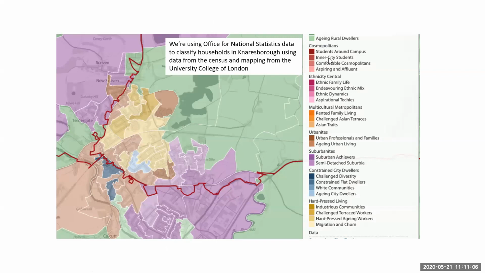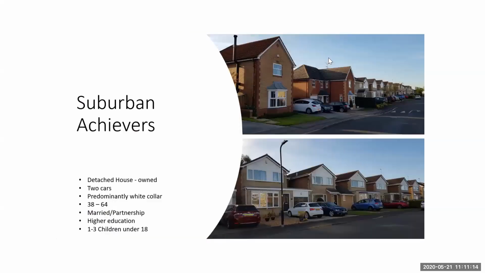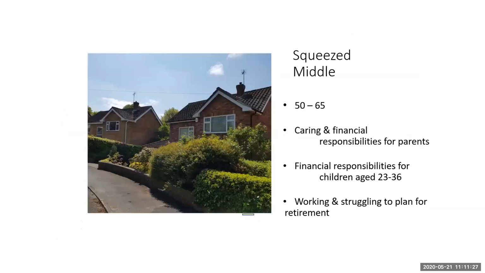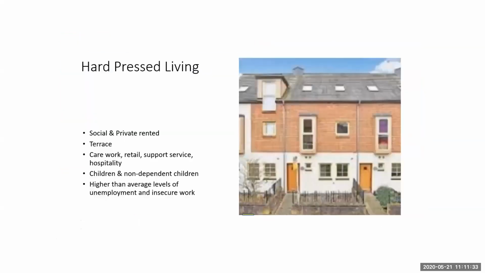So we came up with a classification based on the ONS statistics for household types. I'll very quickly take you through them just to show you what we've done, because it highlights where we've got gaps. So suburban achievers, constrained flat dwellers, aging town dwellers, squeeze middle, although some of them haven't got squeeze middles, hard pressed living.